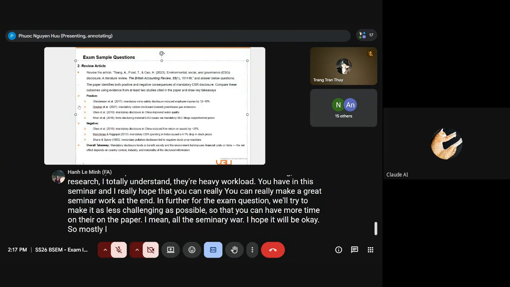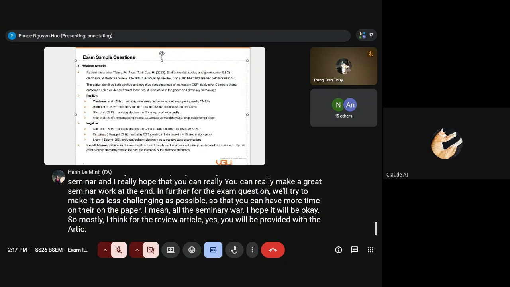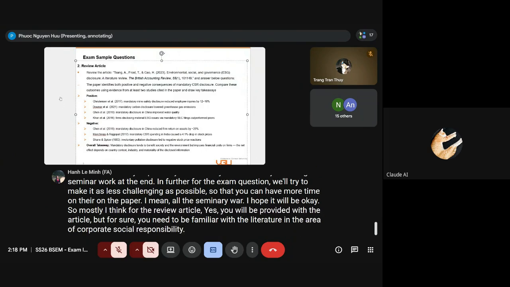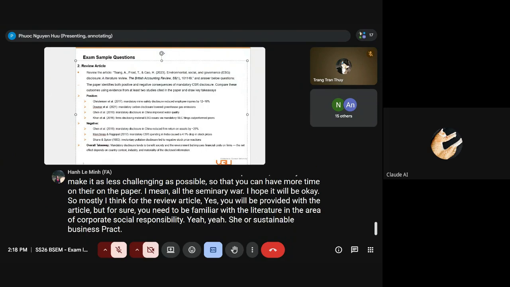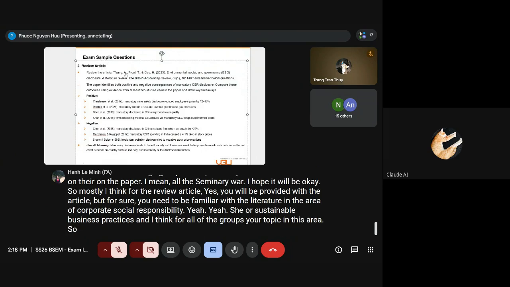So mostly, for the review article, you will be provided with the article, but for sure you need to be familiar with the literature in the area of corporate social responsibility, ESG or sustainable business practices. For all of the groups, your topic is in this area, so you must be familiar with the literature. That is very important.